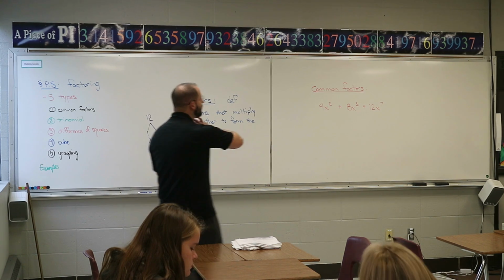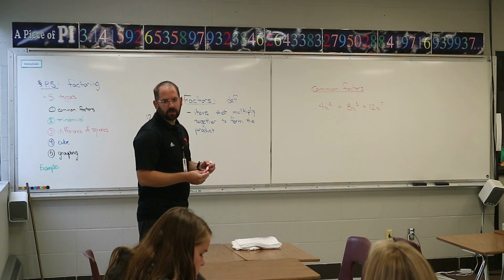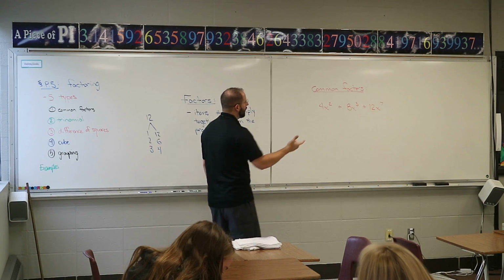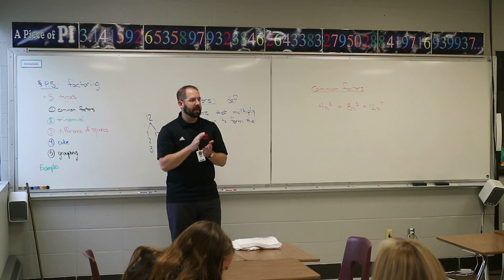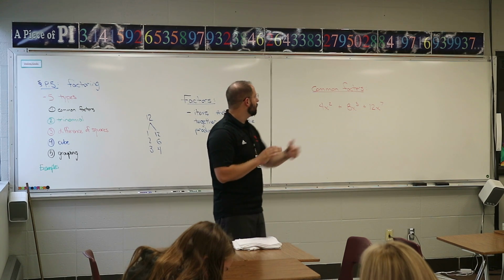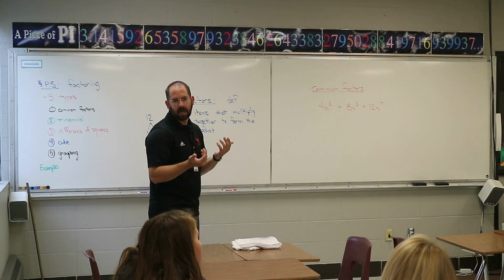There could be 19 different items across the board. What you're looking for with common factors is each monomial, each item separated by a plus or minus sign, and whether they have something in common. That's what a common factor is. Every single item has to share it. So what I always look for first is numbers. 4, 8, and 12. What number do they have in common?